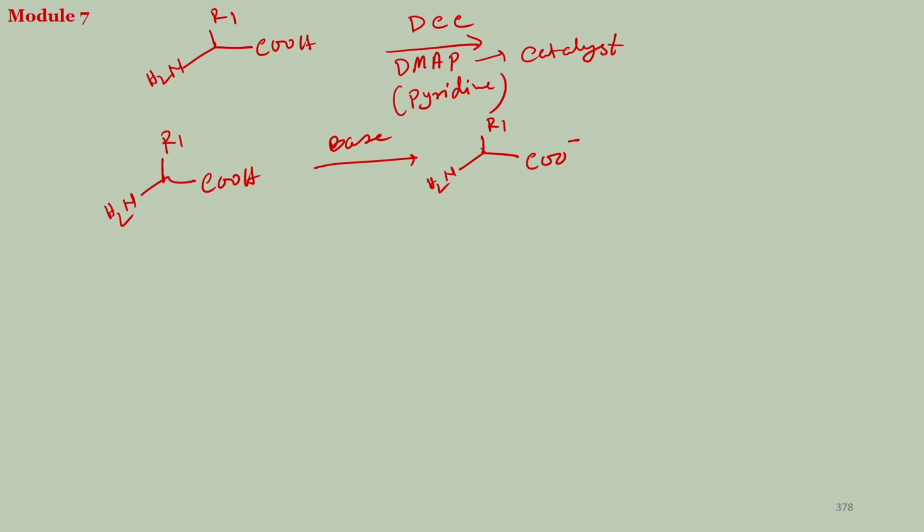So, instead of writing the amino acids all the time, in general I am writing it as just the carboxyl part, and here is R, that means all of it. So, you have now the anion with you.